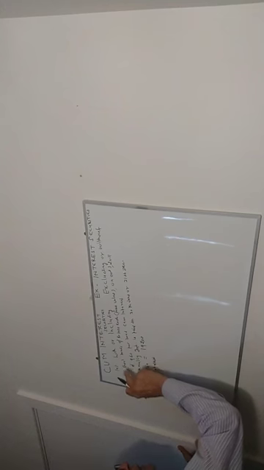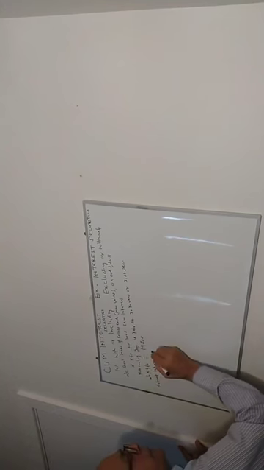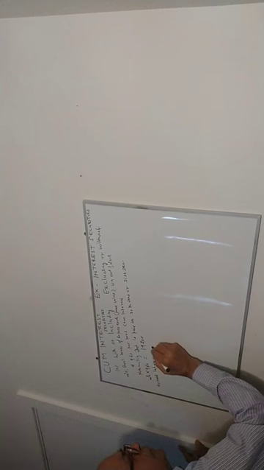Accrued interest, how much would it be? We have bought 20 government bonds. Each government bond is 1,000. What is the face value? 20,000. Interest is always calculated on face value.